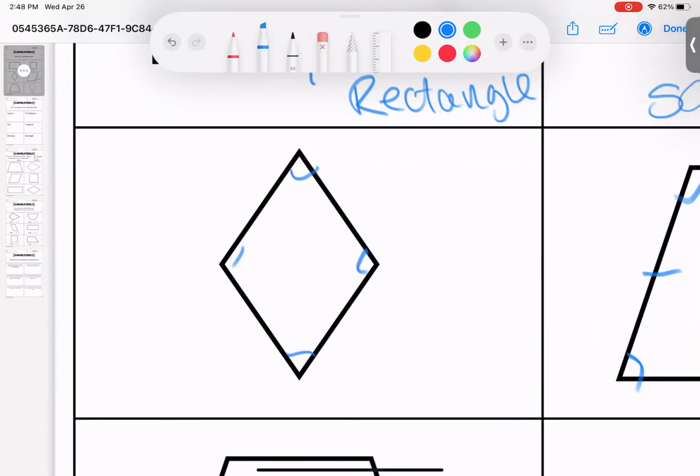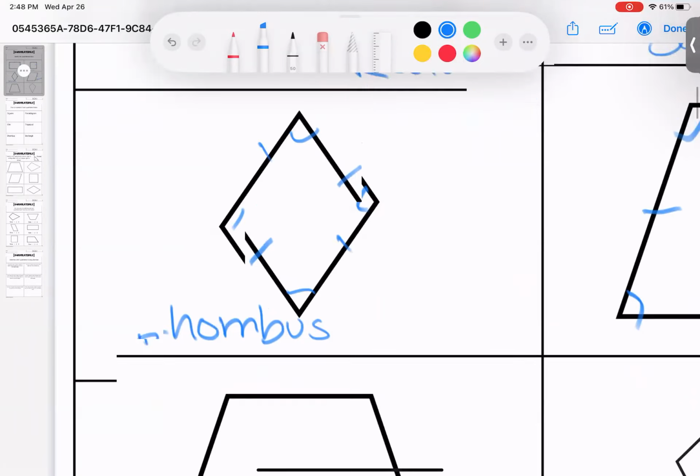It has four congruent sides. It has a lack of right angles. So you might have called it a diamond, but you could also call this a rhombus. This is another version of a rhombus. Remember, in order to be a rhombus, it just has to have four sides that are equal in length and not have right angles. So this one here is also a rhombus.